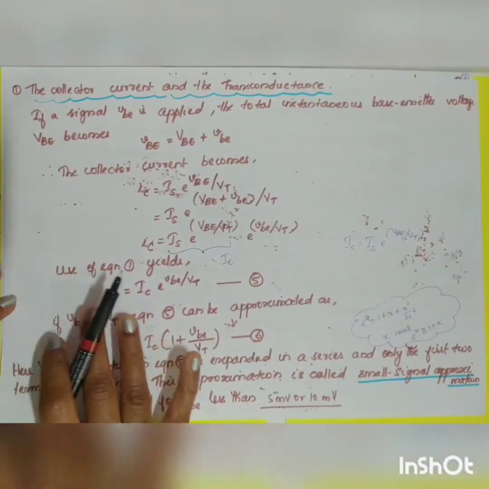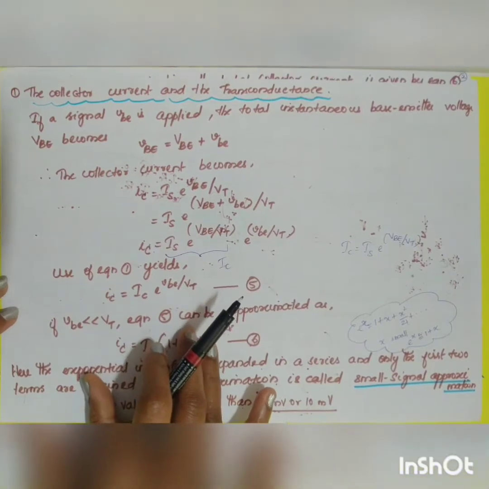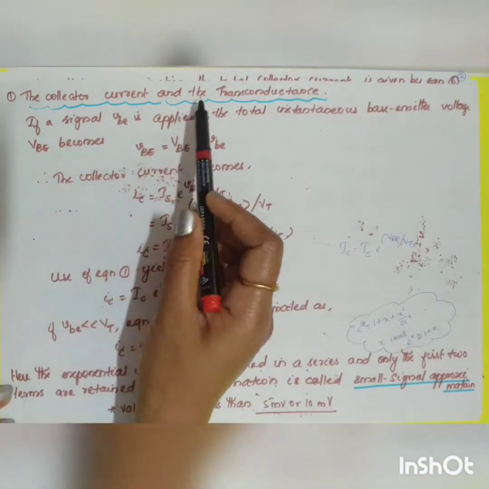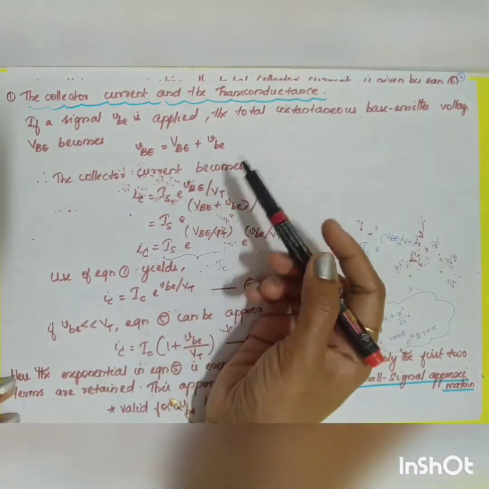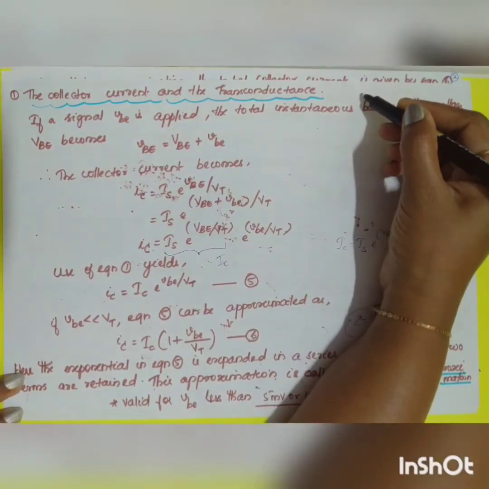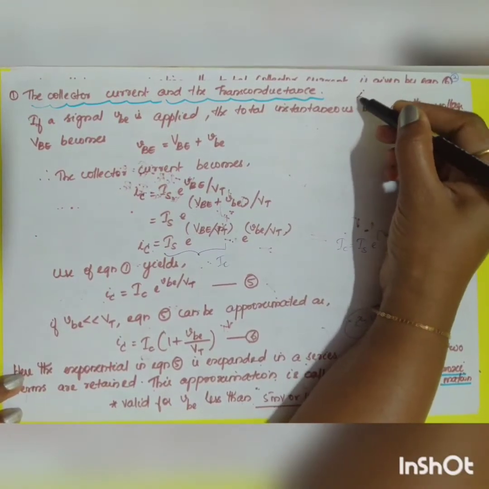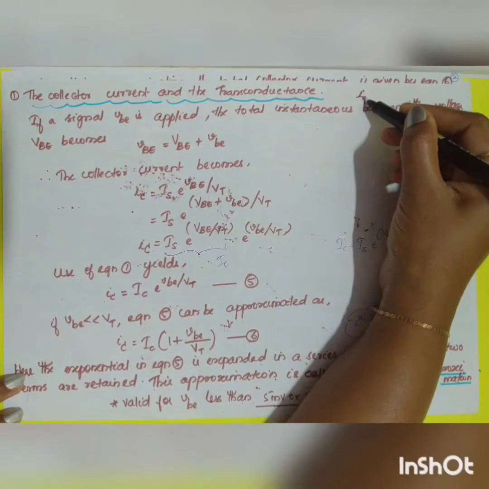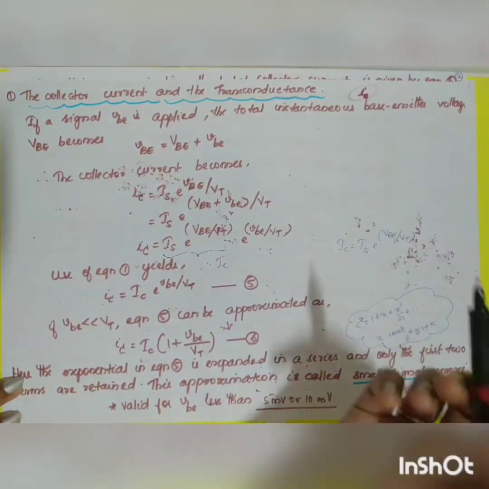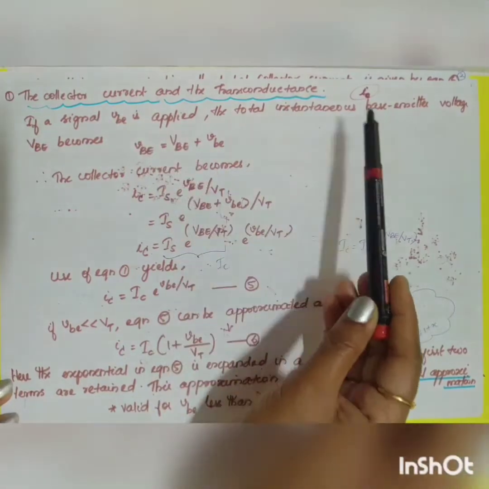Now when you apply your small AC signal, you are going to find out the first parameter, the collector current and the transconductance. So you are going to find out the collector current due to your AC signal. So it is small i suffix small c. That is your aim, the small signal collector current.